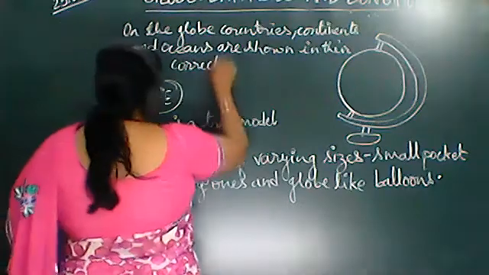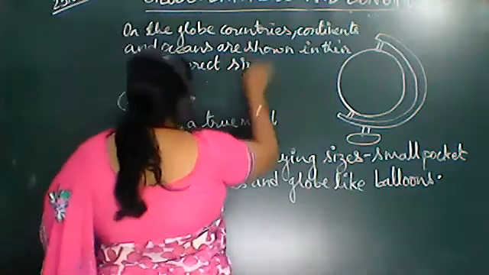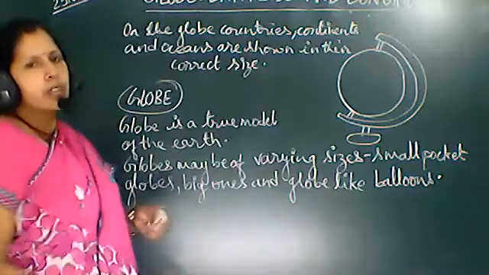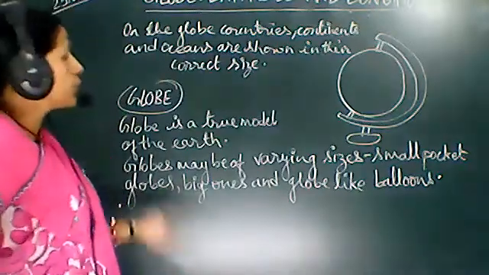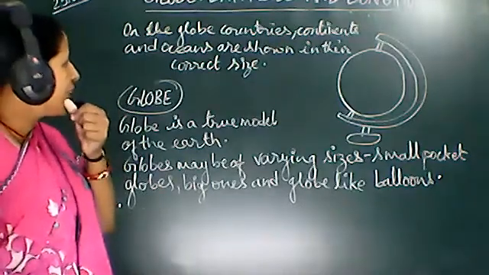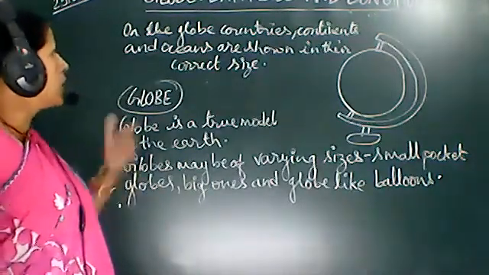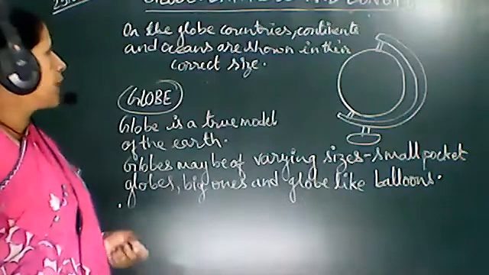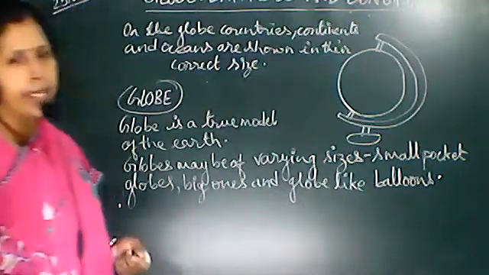Only the scale is reduced. As you go through the chapter, you'll come to understand what is scale, what is grid. All these things you'll come to understand. So we see on the globe, countries, continents, and oceans are shown in their correct size.